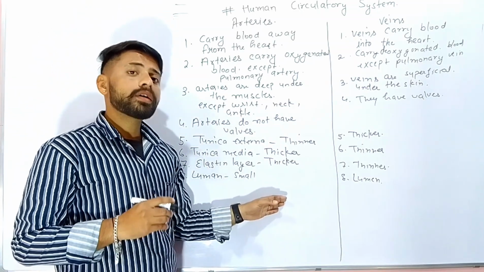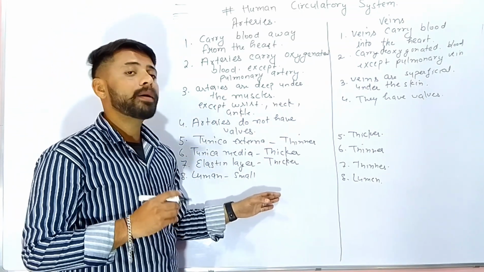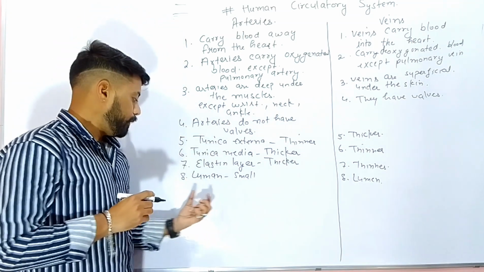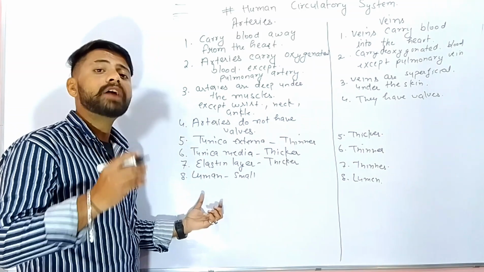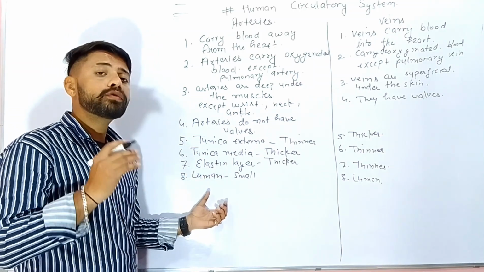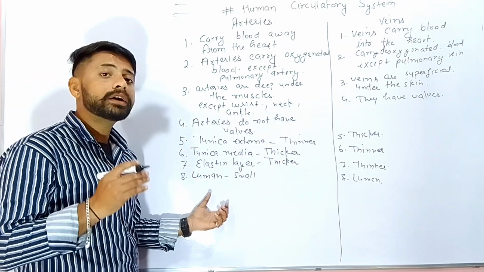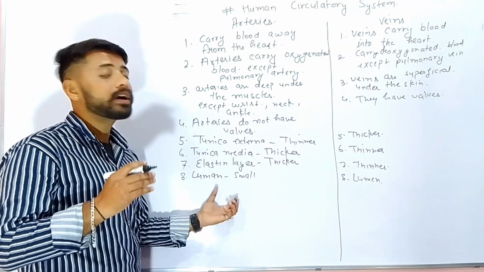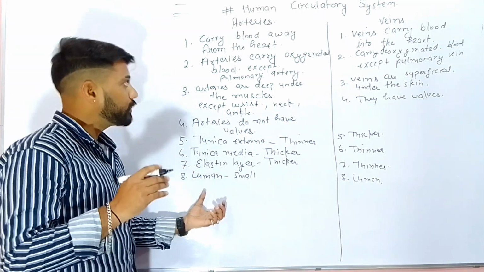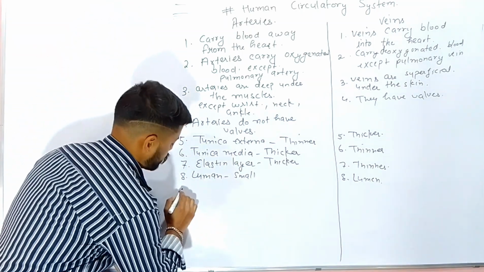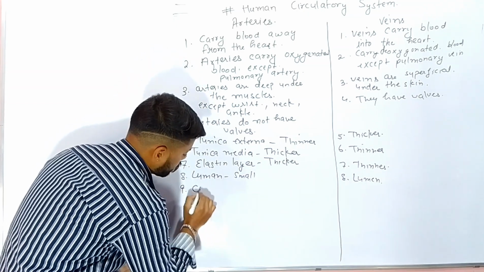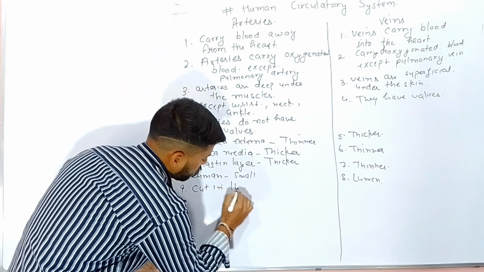A few more comparisons on which we can compare arteries and veins: when the artery is cut, the blood flows out from the cut with jerks, as the blood is getting pumped by the heart every time.